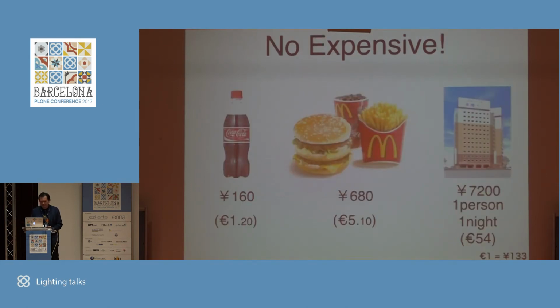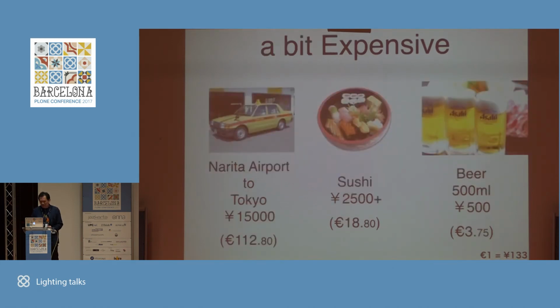And safe. Coca-Cola is 120 yen, McDonald's is 5 euros, and a business hotel is only 54 euros. Taxis are a bit expensive, but you don't need them, because the train and bus are very useful.